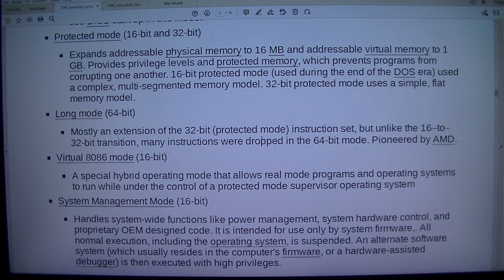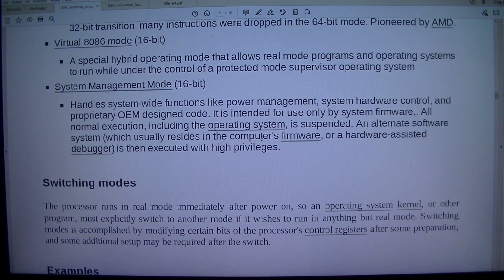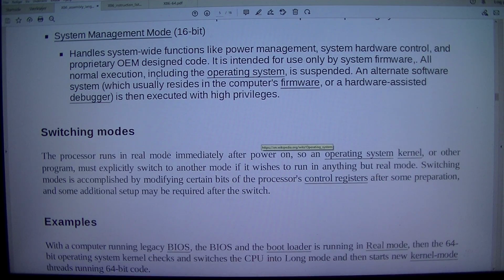System management mode, 16-bit, handles system-wide functions like power management, system hardware control, and proprietary OEM-designed code. It is intended for use only by system firmware. All normal execution, including the operating system, is suspended.